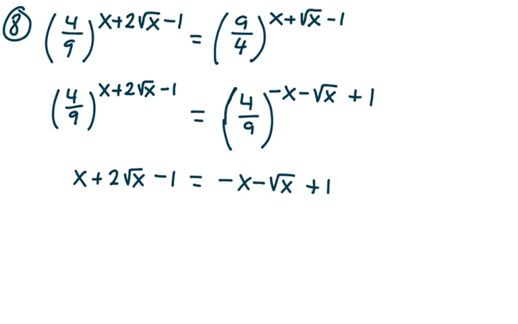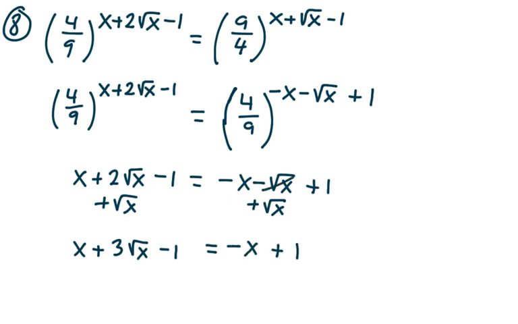Okay. Now, this is what I'm going to do. I'm going to add square root of x to both sides first. And so I get x plus 3 root x minus 1 equals negative x plus 1 because the radicals canceled.